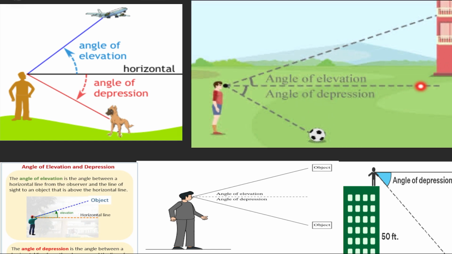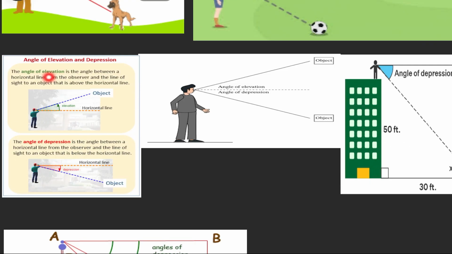That is very important. With respect to this horizontal line only, the angle formed will be taken as either angle of elevation or angle of depression. If he is looking above, it is angle of elevation. If he is looking below, it is angle of depression. One more example. Before that, let us see the definition.